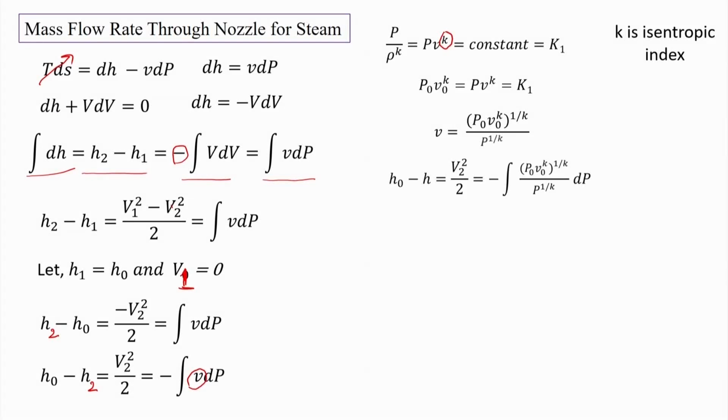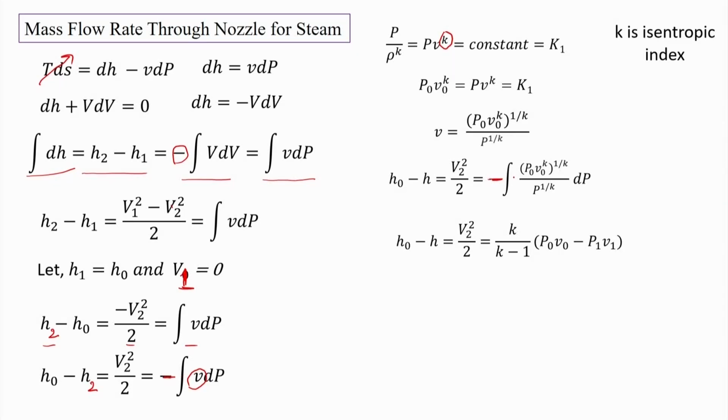This can be put over here, and then we have H0 minus H is equal to V2 square by 2 is equal to plus the integral of P0 V0 raised to K bracket raised to 1 by K times dP over P raised to 1 by K. We multiplied all three sides by minus 1, so we have a minus here and also a minus over here.